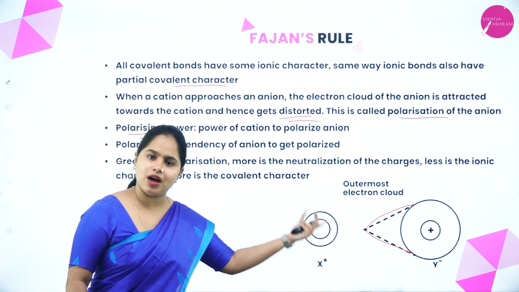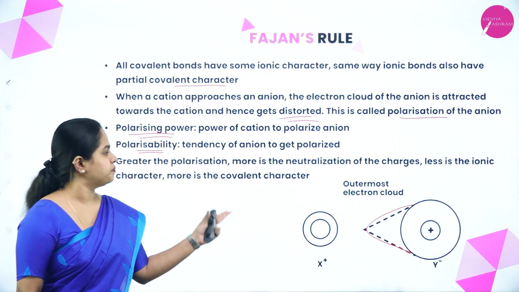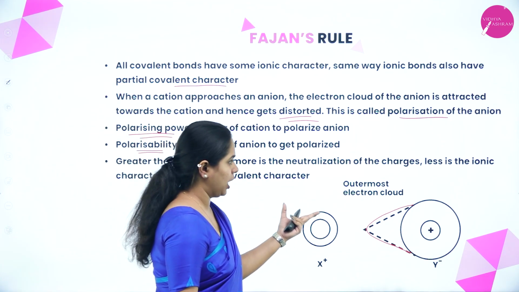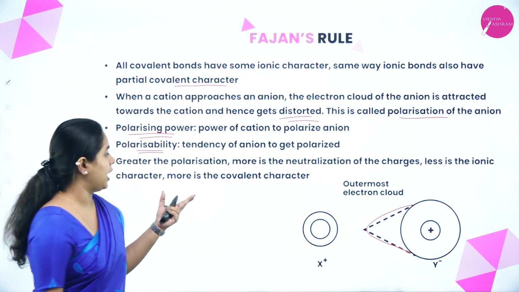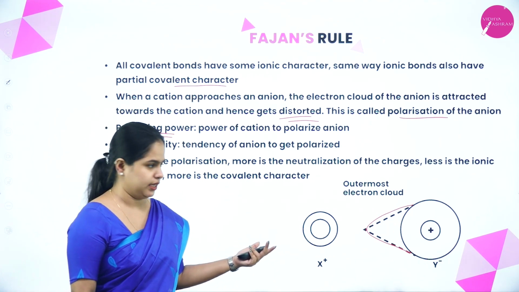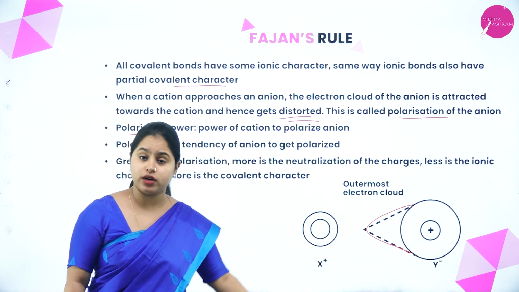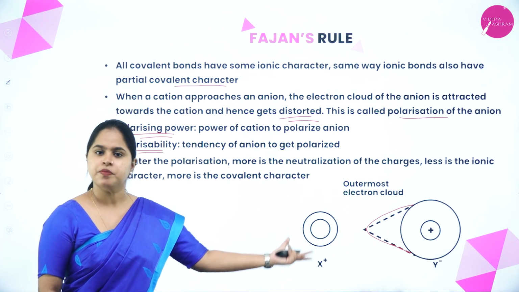What you have to understand here is that the greater the polarization, the more is the neutralization of the charges, the less is the ionic character and the more is the covalent character. Now, what is exactly happening here? As I said, when the cation comes towards the anion, the electron cloud is attracted towards the cation.